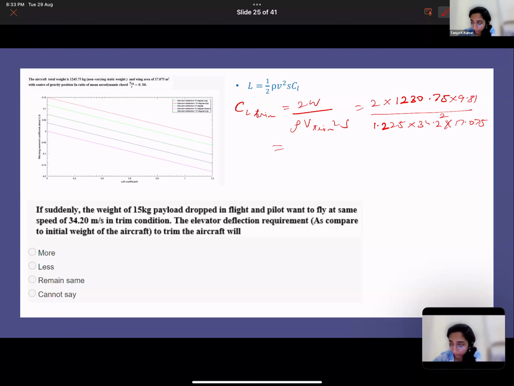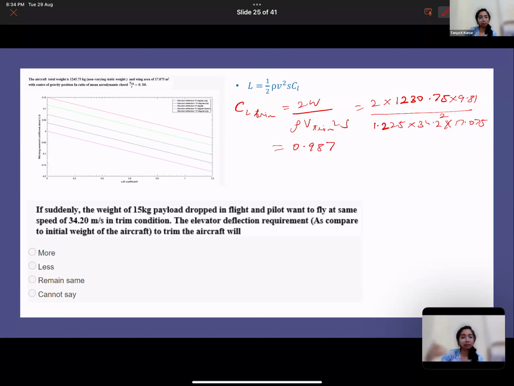Let me calculate this. So I'm getting 0.987.